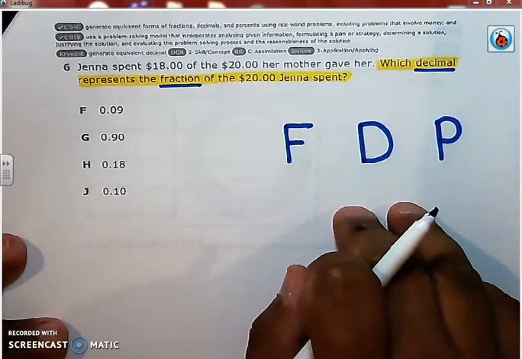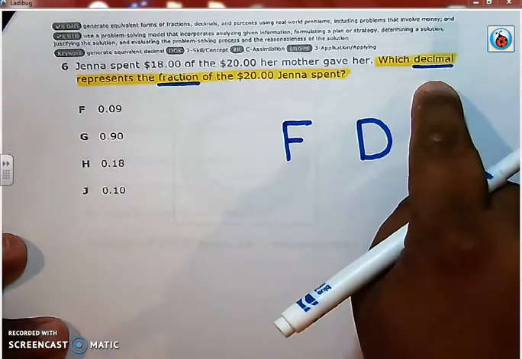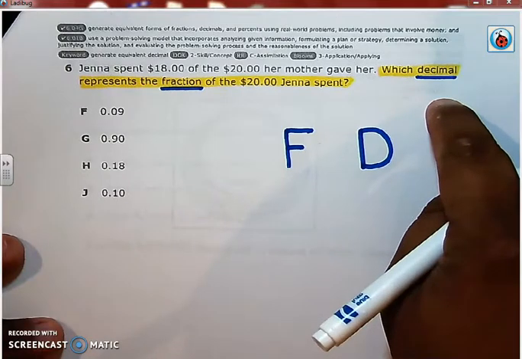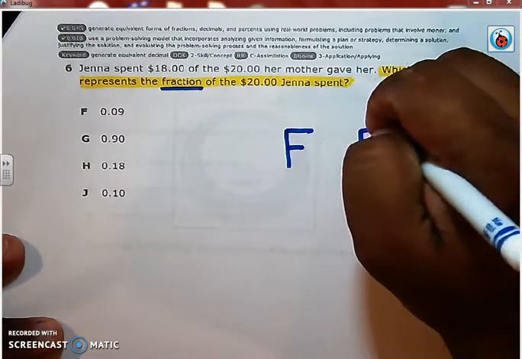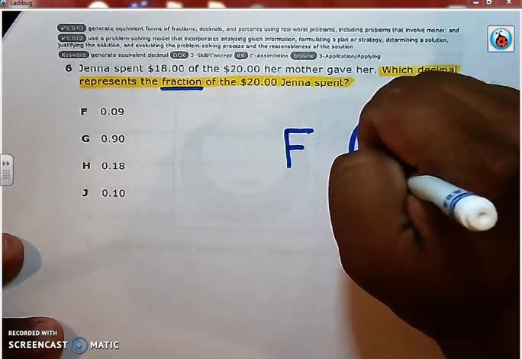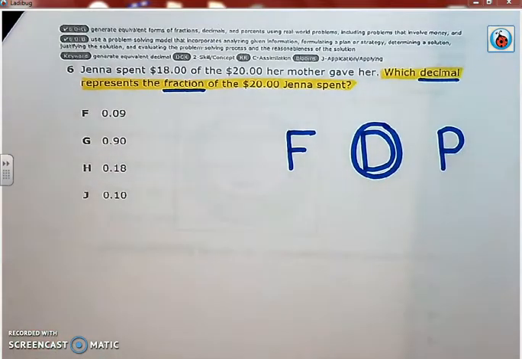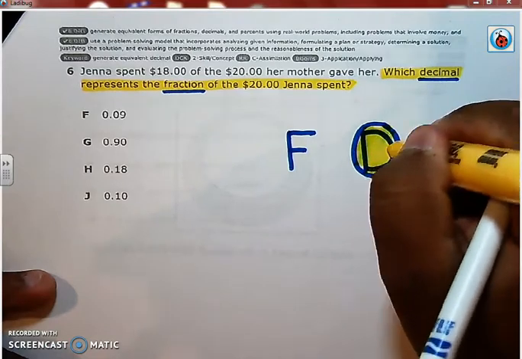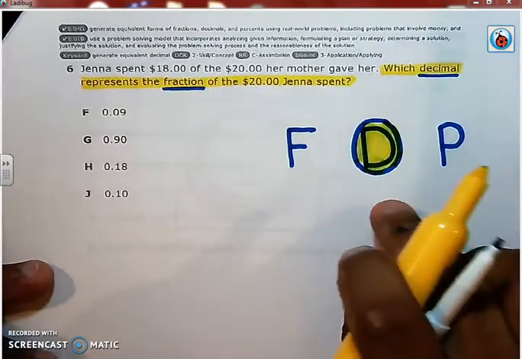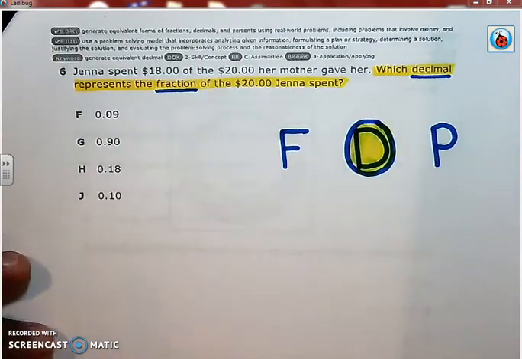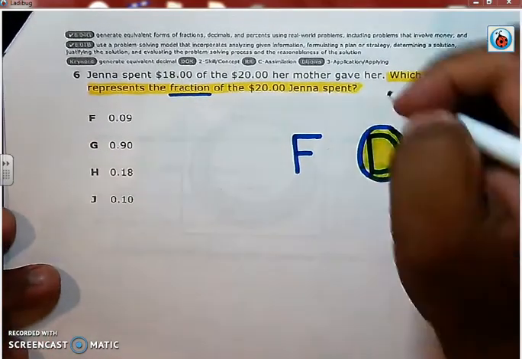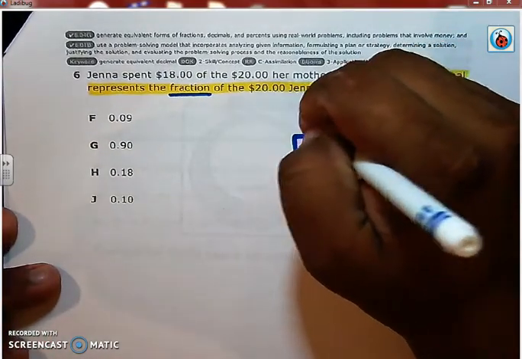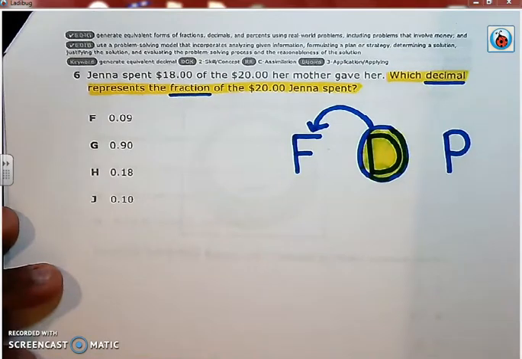Look at what it's asking for. Which decimal? So this is what they want. They want a decimal. So if they want a decimal, you first have to start by giving them a fraction.